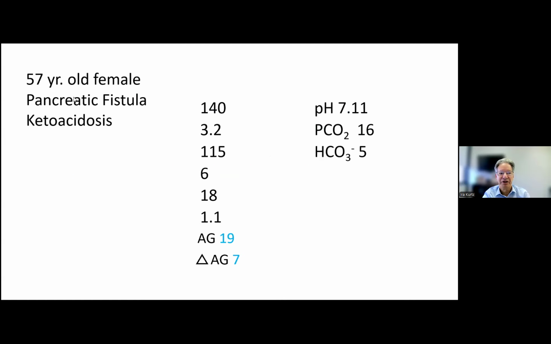So here we have a 57-year-old female with a pancreatic fistula and ketoacidosis. We have a PCO2 of 16 and a bicarb of 5. The anion gap is increased by 7. So we have a delta PCO2 of 22 and a delta bicarbonate, both in the down direction, of 18.